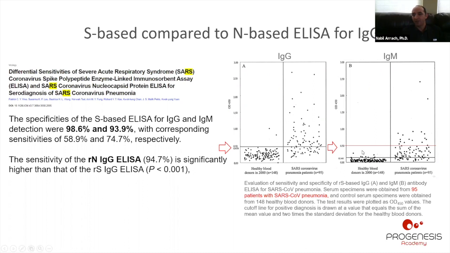Versus IgM, they tend to give you less read, less intensity, and therefore the sensitivity is reduced compared to IgG. So basically this study shows you two things. IgG is better than IgM, and N protein is better than S protein. And at Progenesis, we're using the full N protein as a target.